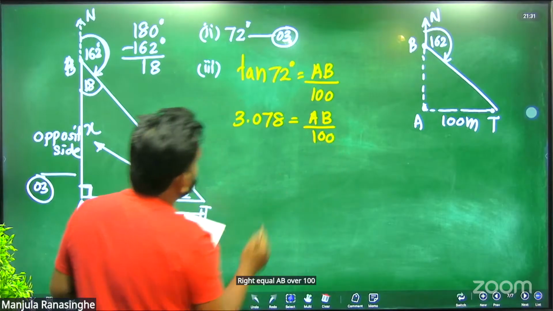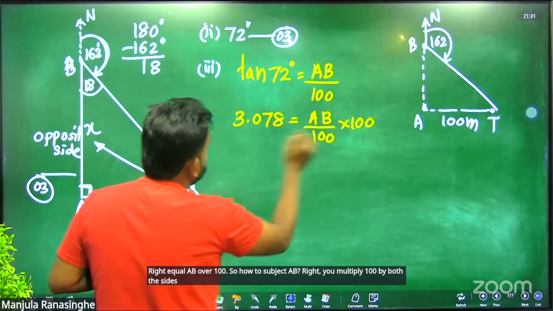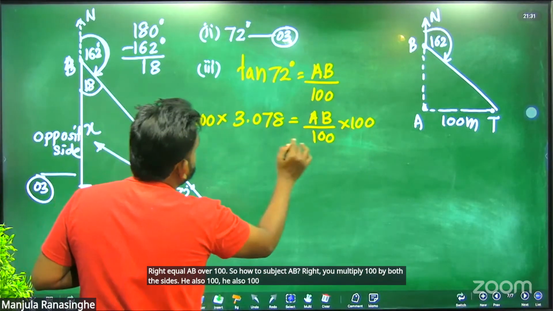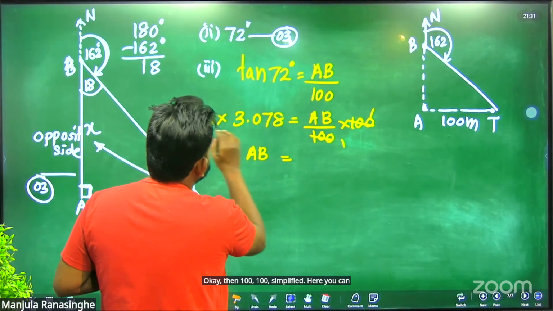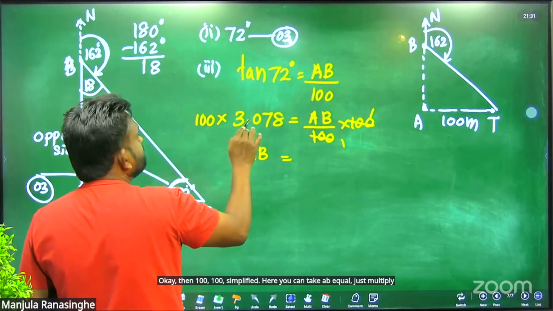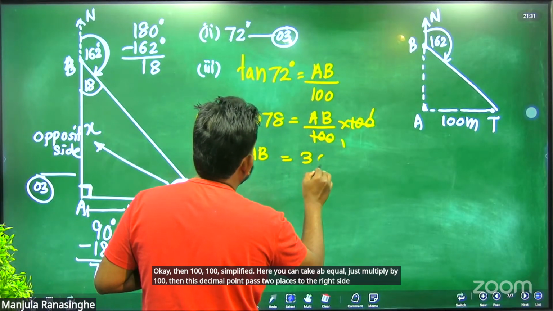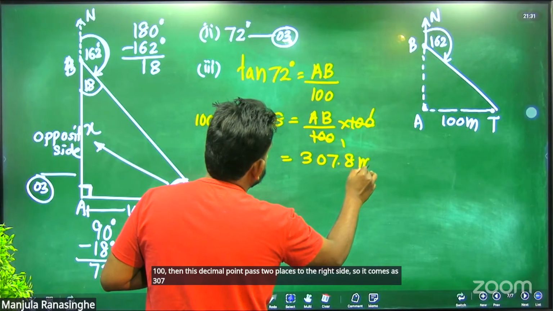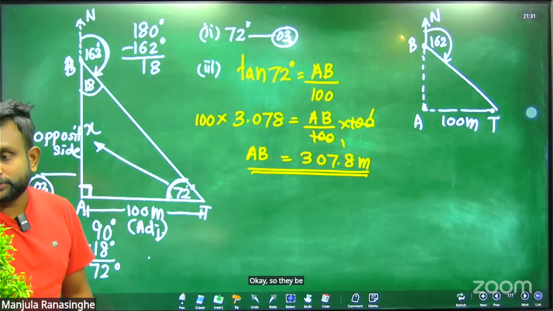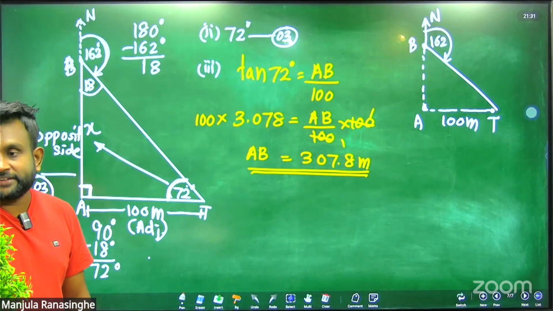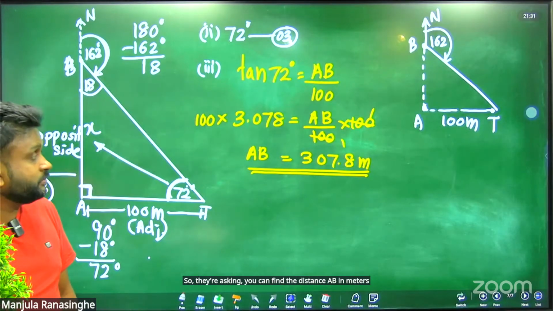How to make AB the subject? Multiply both sides by 100. Then AB equals 3.078 times 100, so move the decimal point two places to the right. It comes as 307.8 meters. So that is the distance AB in meters.